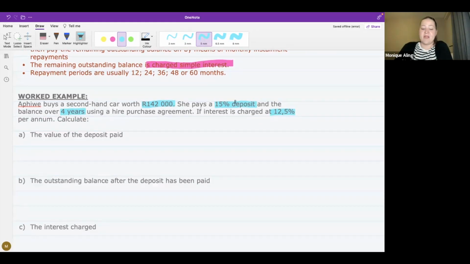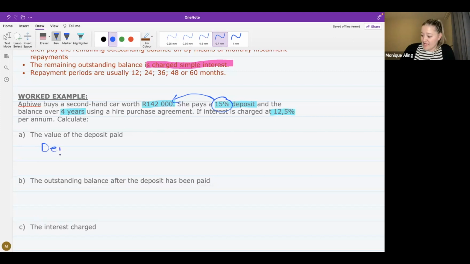Okay. So A says, calculate the value of the deposit paid. So we know that the deposit is 15%. It's 15% of what is being purchased. 15% of 142,000 Rand means we are multiplying. So the deposit amount, this is how you'll always work out the deposit.